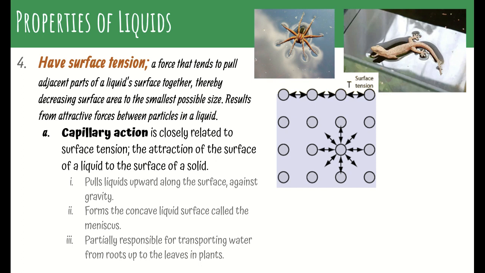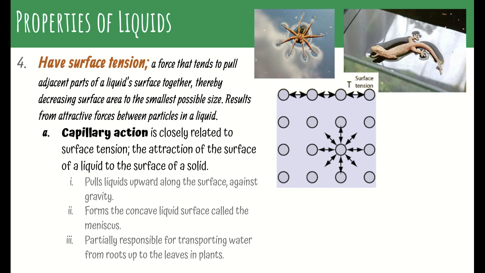Once you get the liquid flowing, capillary action continues to pull that liquid upward out of the container, and then obviously it'll fall back out as the tube bends downward.